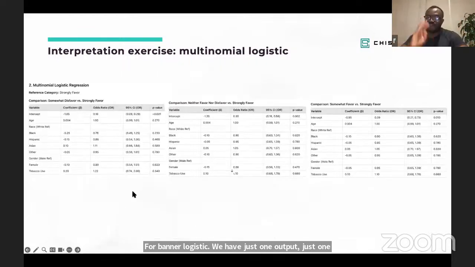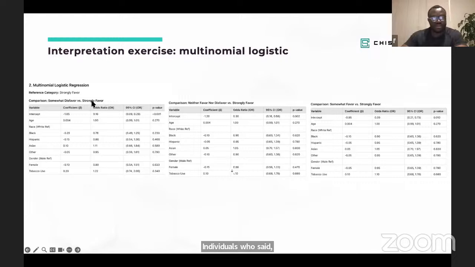Now, we are supposed to have 4 outputs, but we had decided earlier to collapse individuals who said neither favor nor disfavor. We collapsed 2 groups together. For simplicity, 2 groups were collapsed together so that we don't have too many groups because of sample size. So now we have 3 outputs.